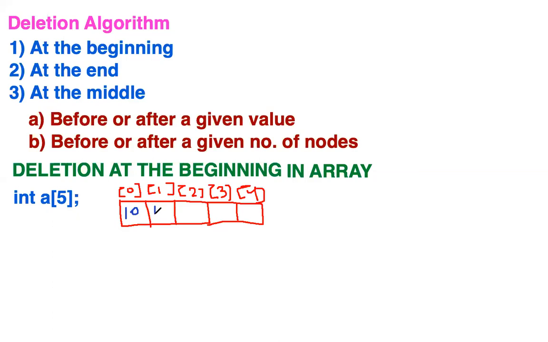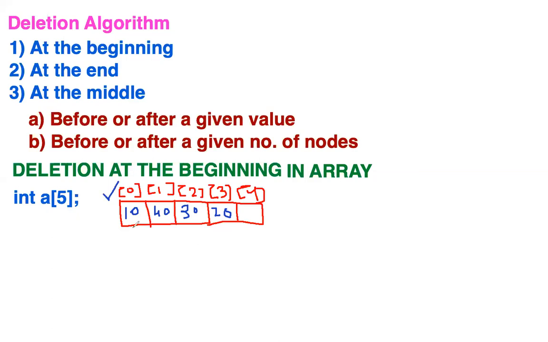We are not considering whether it is a sorted or unsorted array, it doesn't matter. At the beginning of the array means we have to always delete the element at index 0.